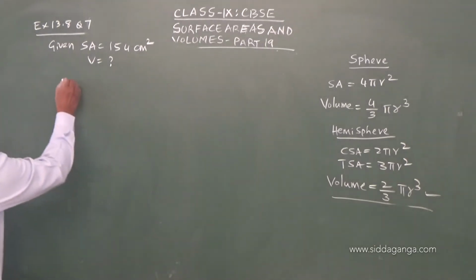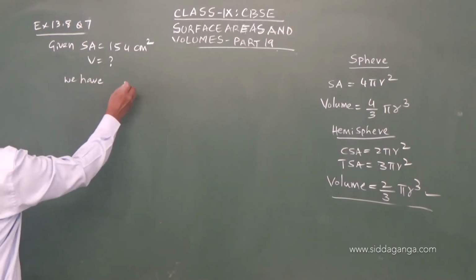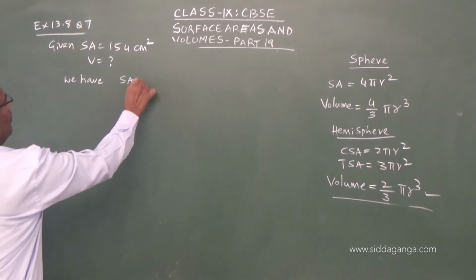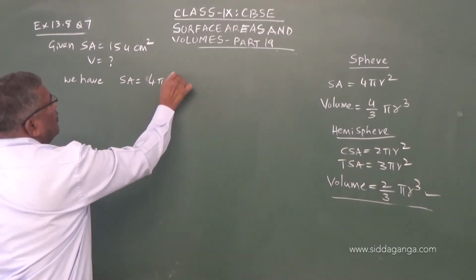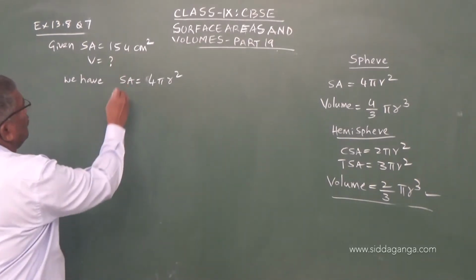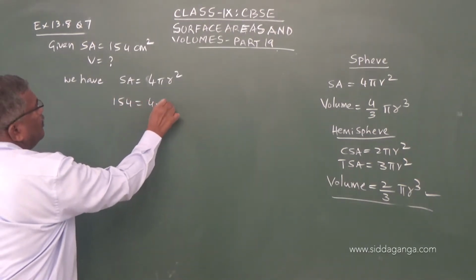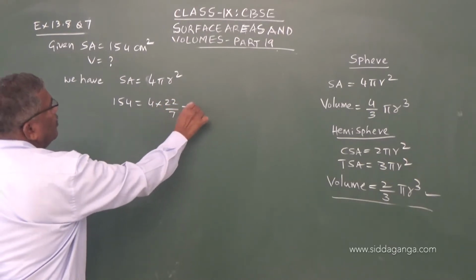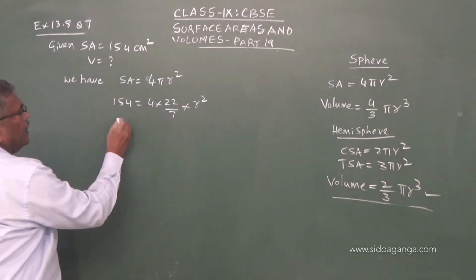So we have surface area equals 4 pi r square. Surface area is given, it is 154. 154 equals 4 into 22 by 7 into r square.